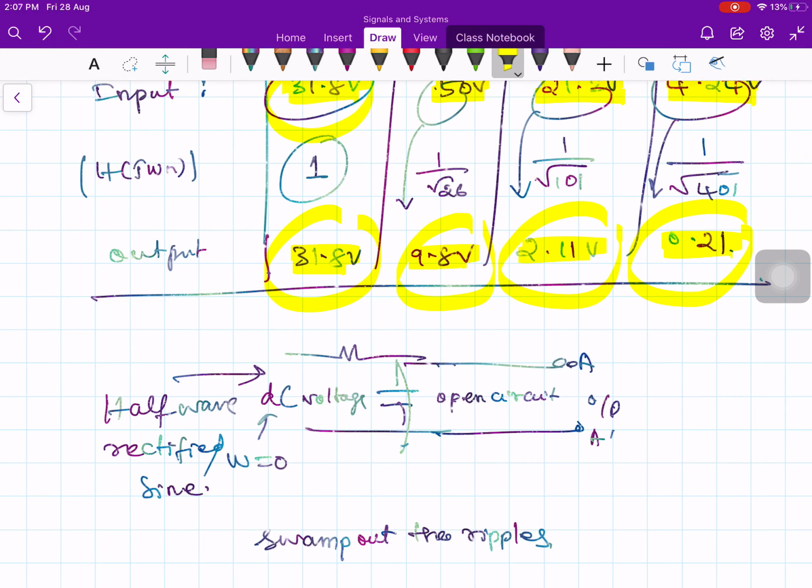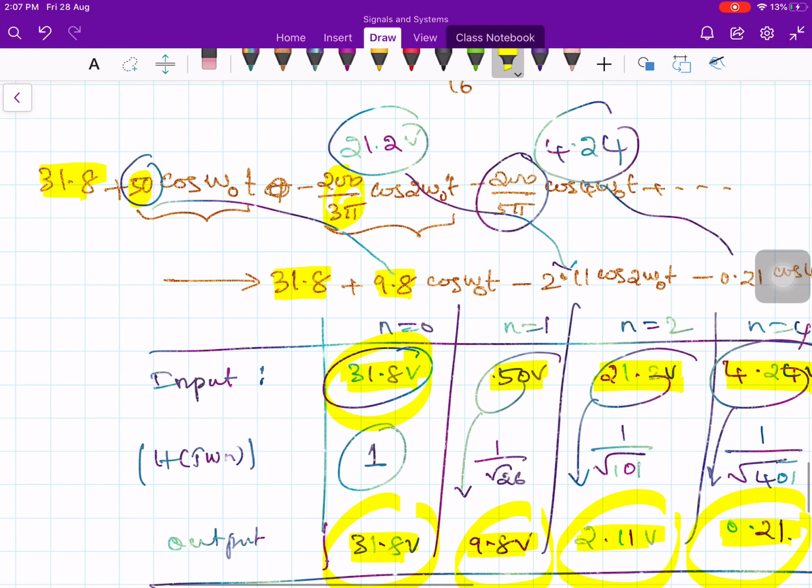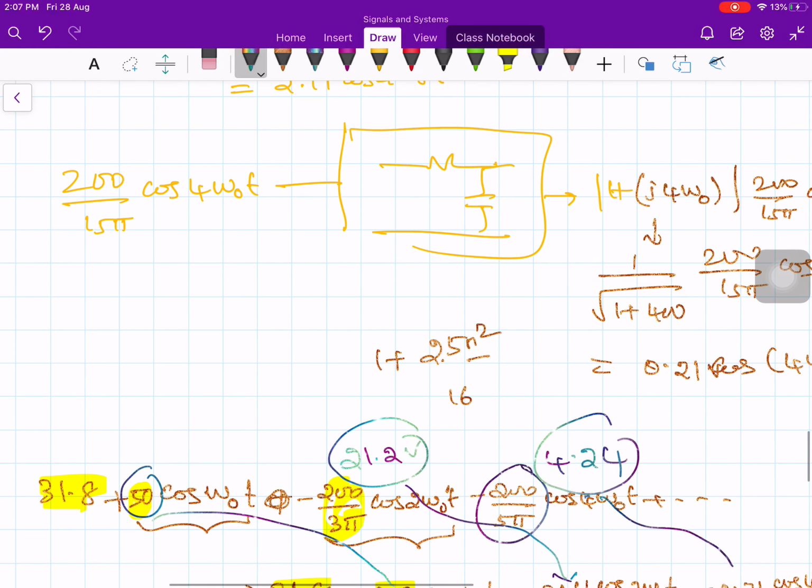We had set up the Fourier series earlier in terms of trigonometric functions, and using that we can express a non-sinusoidal periodic function in terms of sinusoidal functions. Here the input is a half-wave rectified function. It is periodic, but it doesn't have any symmetry conditions like an odd function or even function.